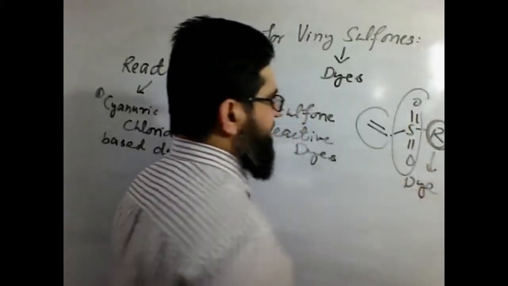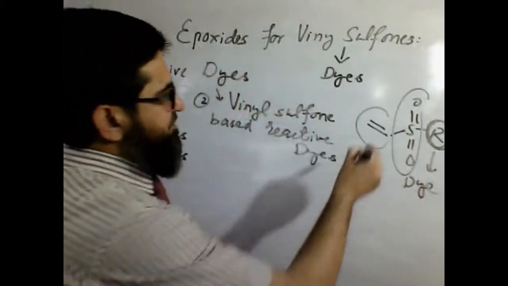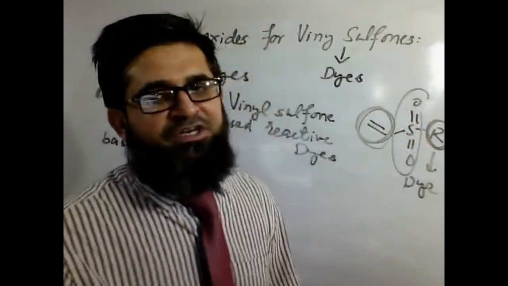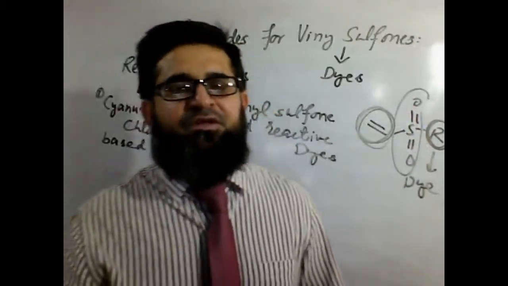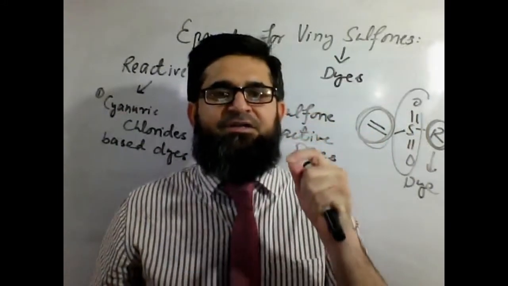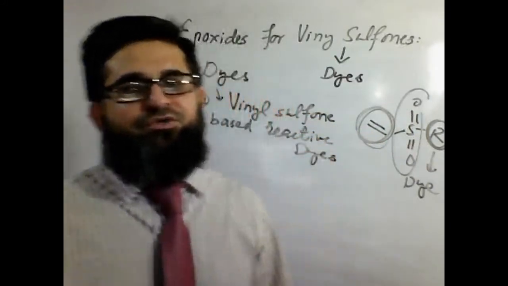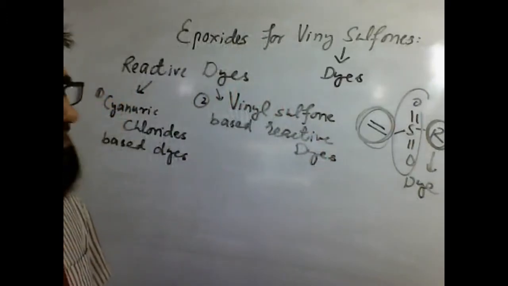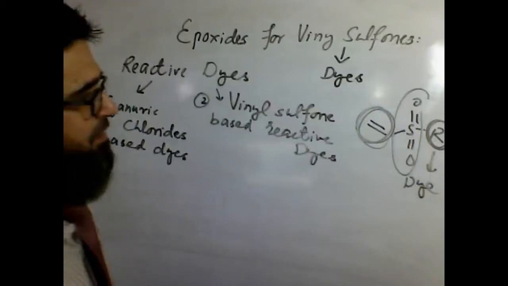Such dyes react with the fiber through this alkene moiety. This double bond reacts with the cellulosic fiber and creates a permanent bond. This was explained in my lecture number 2 on reactive dyes.